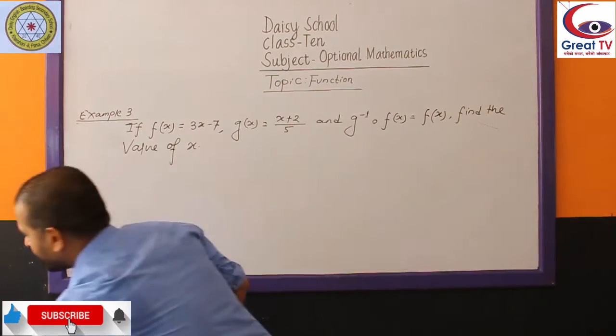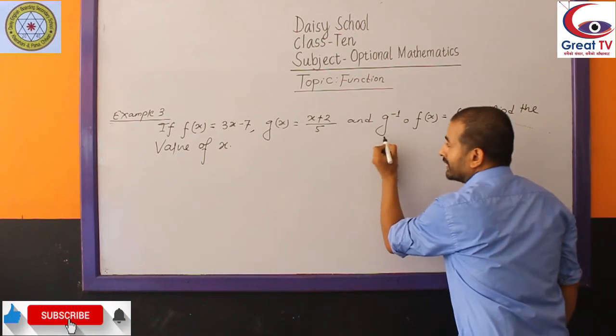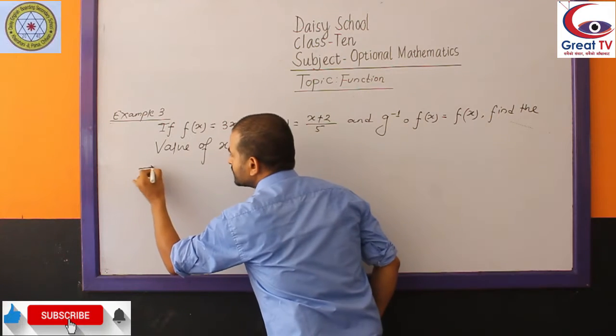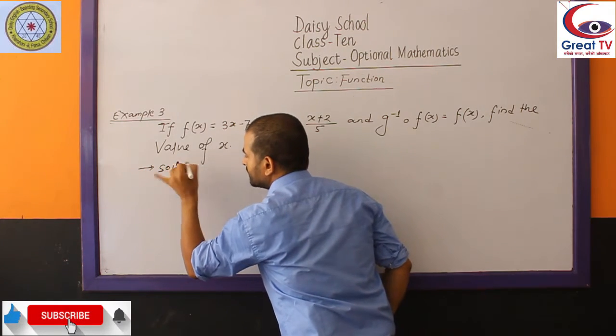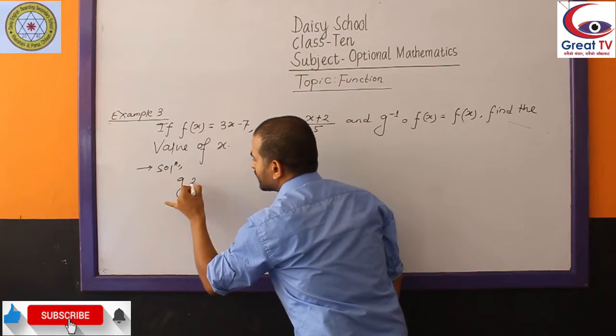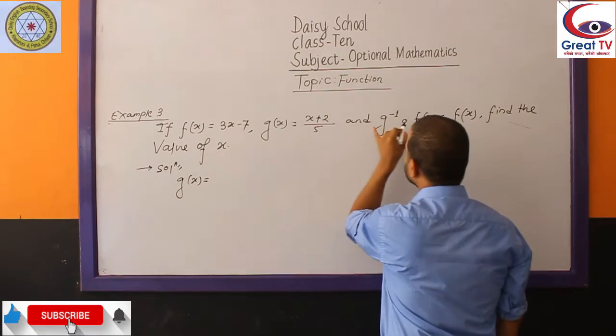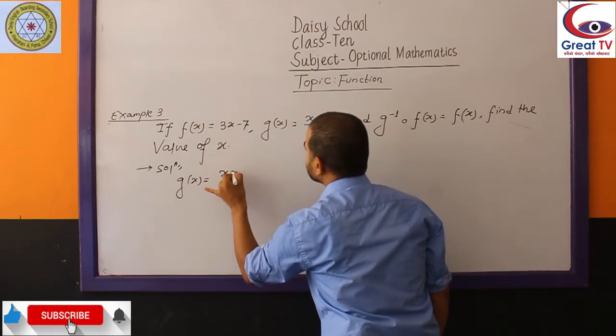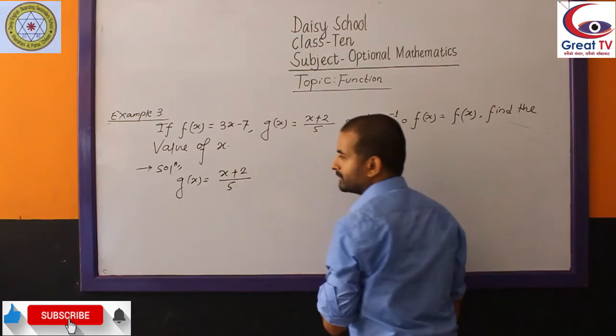So now let's talk about what we need. We need g inverse. So solution: g(x) equals (x plus 2) by 5.